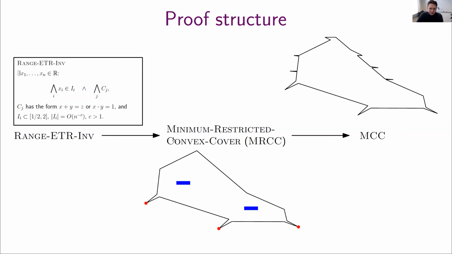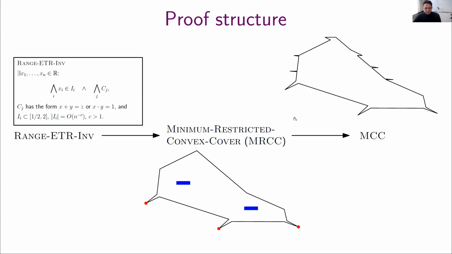So in the restricted version, we have some special marked corners that we have to cover. And then we have some marked rectangles in the interior that we have to cover, but other things we don't need to cover. So we want to know if we can cover these things, the red corners and the blue rectangles, using a certain number of convex pieces.